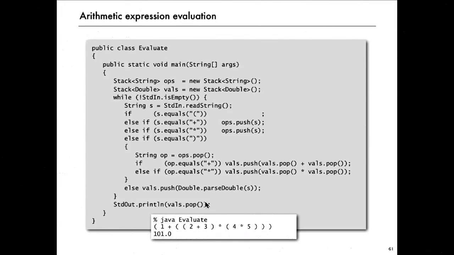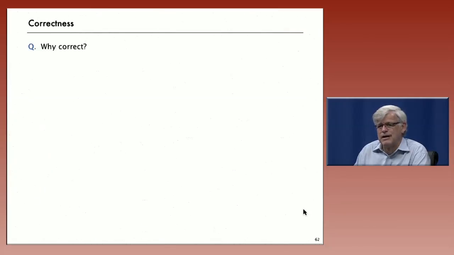When you're done, simply print out the value on the stack. That's a fine and elegant implementation using stacks for any arithmetic expression, and it's easy to extend to handle other types of things.